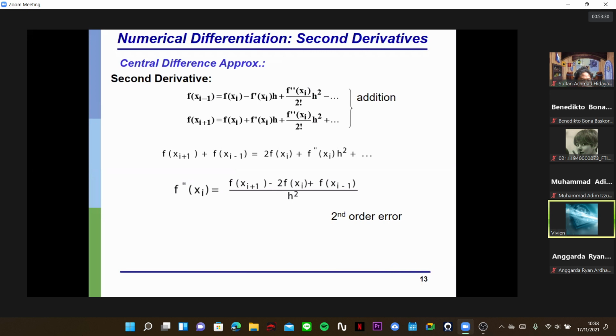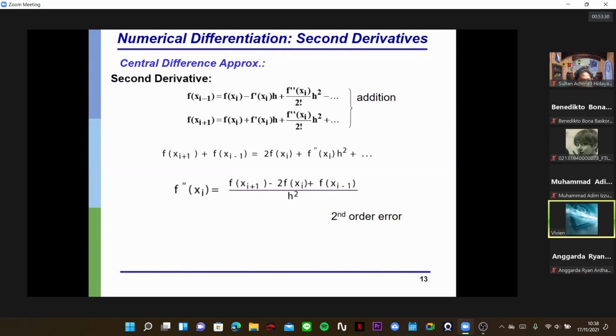So with h 0.5 at point 0.5, the point before is 0. With the backward approach, the first derivative at 0.5 equals f at 0.5 minus f at x i minus 1, which is f at 0, divided by delta x, which is 0.5 minus 0. The result will be minus 0.55. So the true error here is 39.7%.